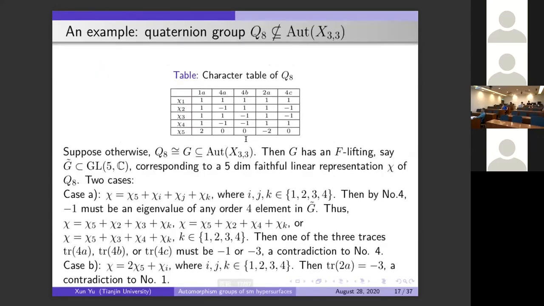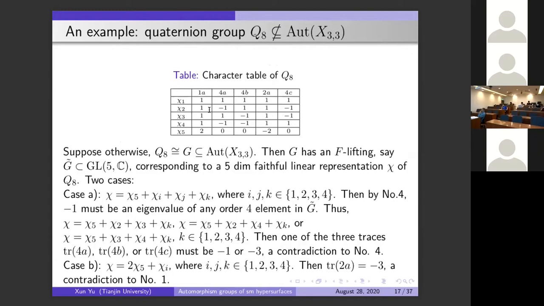And I would like to give an explicit example of how to use F-liftability and smoothness and the character table to rule out the quaternion group Q of order 8, Q8. In other words, it cannot act on any smooth cubic threefold.